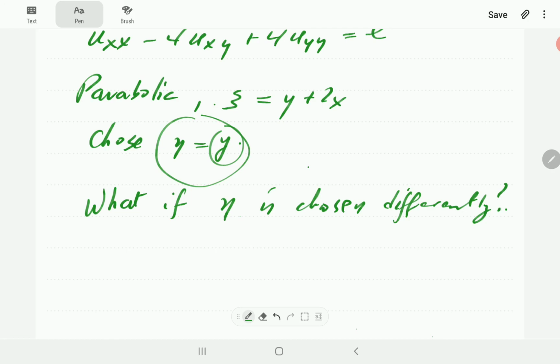We're actually going to make two different choices of eta and show you that the form of the equations is going to be slightly different, but when you integrate to the end, you find that your solution should be the same in principle. We'll show that in part 5 of this video series.